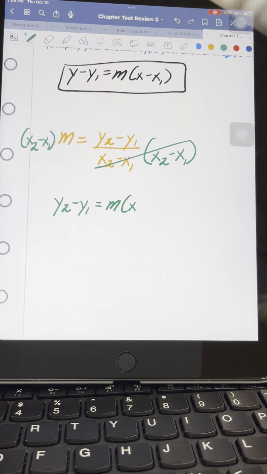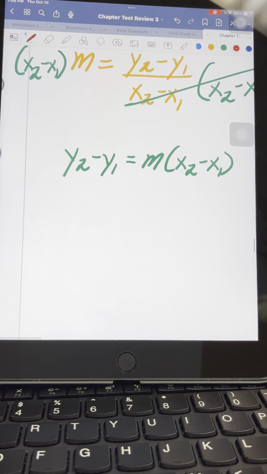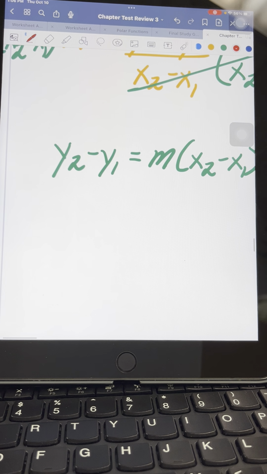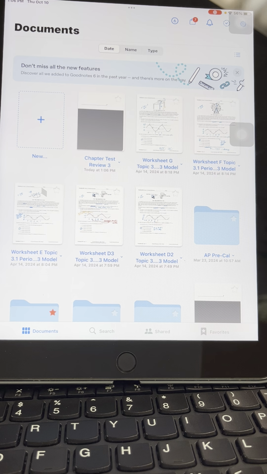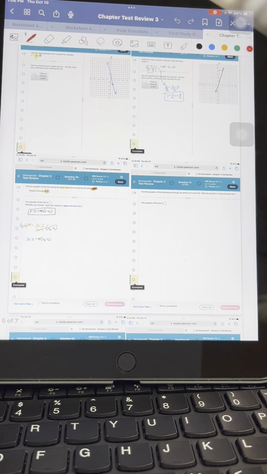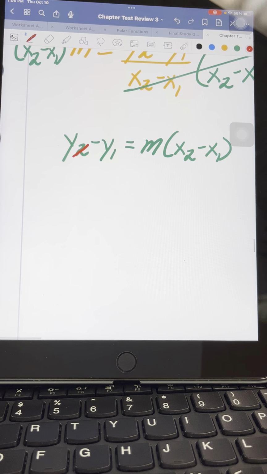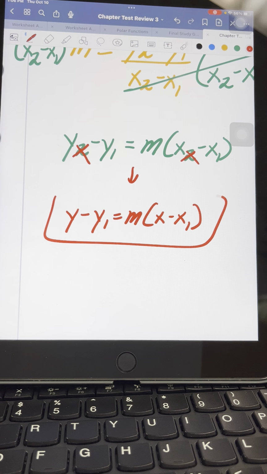Now, since we have point slope form, how many coordinates do we have? We only have one coordinate, and in one coordinate, we have one x and one y. So will I need this y2? No. Will I need this x2? No. So our final equation will end up being y minus y1 equals m times x minus x1. That is our point slope form. Look, it's the same thing here and here.